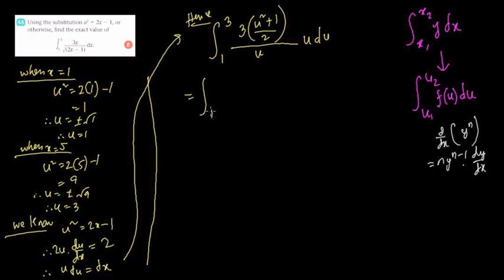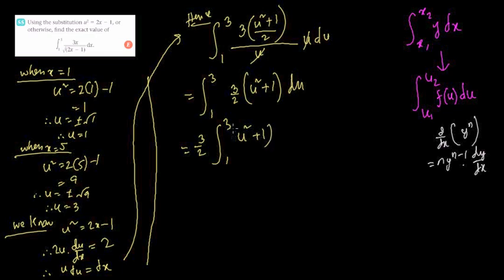So the substitution has been done. So now this would be limit 1 to 3, this u and this u cancel off, so we can write 3 by 2, u square plus 1, du. It's a good idea to take the constant outside. Even if you don't take the constant outside, that's fine too. So 3 by 2, limit 1 to 3, u square plus 1 du is the integral.